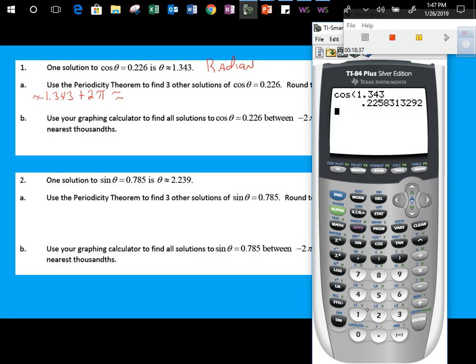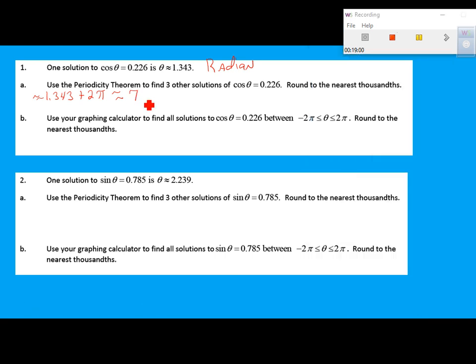I'm going to take that 1.343, and I'm going to add 2 pi to it. So guys, there's another possible answer, 7.626. Let me show you. Cosine of that answer, I better get something close to 0.226. So one answer is 7.626.